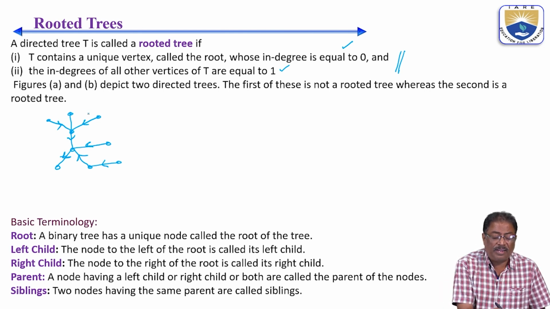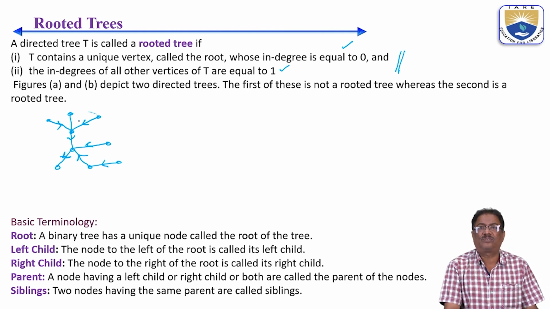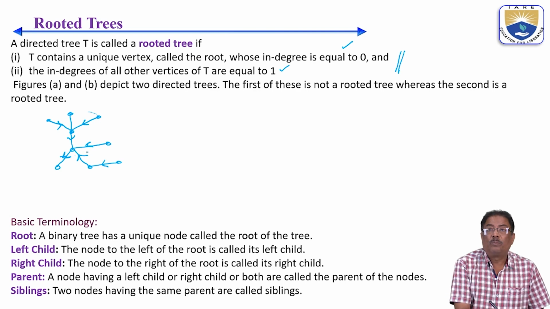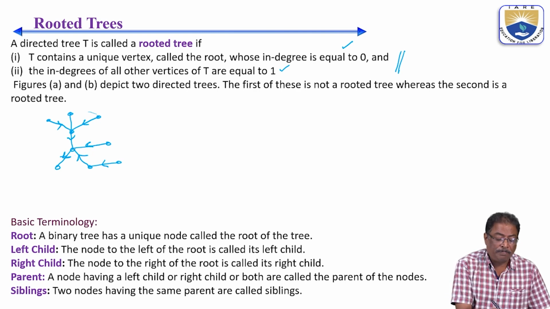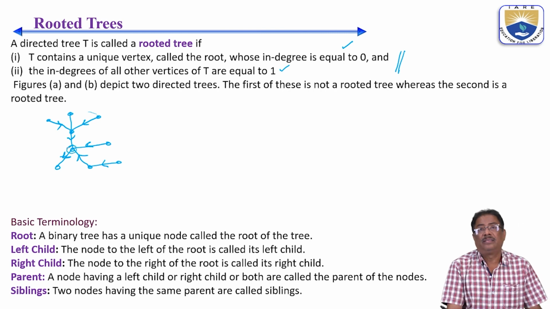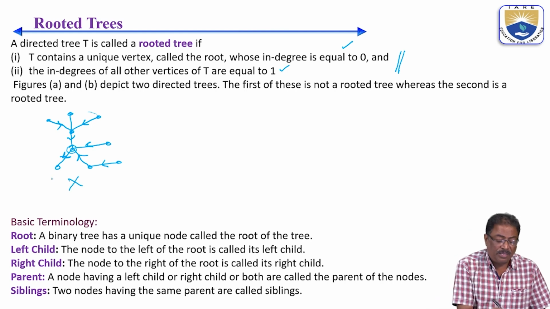The in degree of these three is also 0. And next, the in degree of the other vertices must be equal to 1. But here the in degree of this vertex is not equal to 1. So we are saying that this is not a rooted tree.